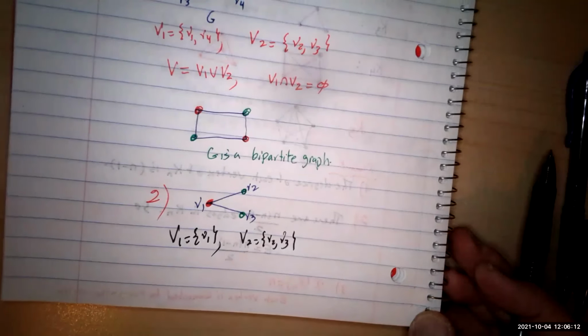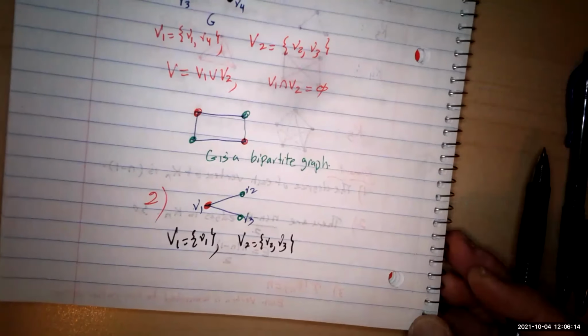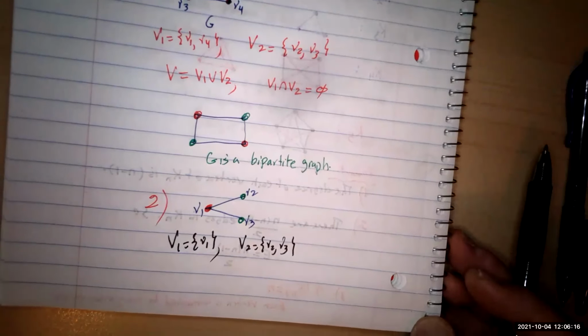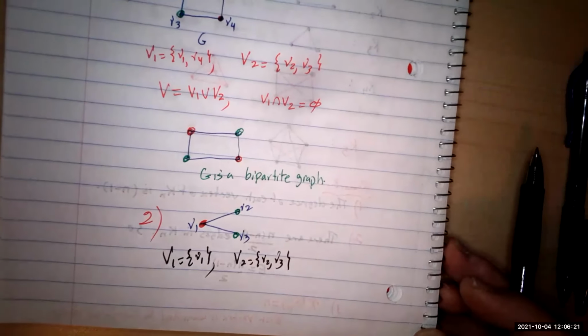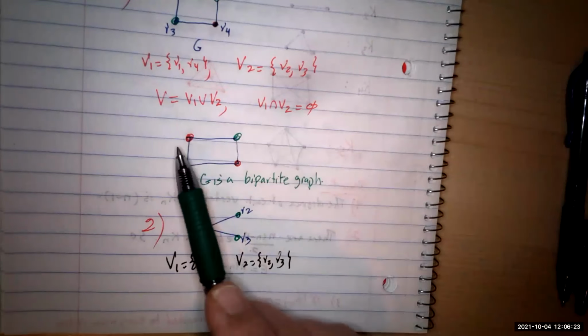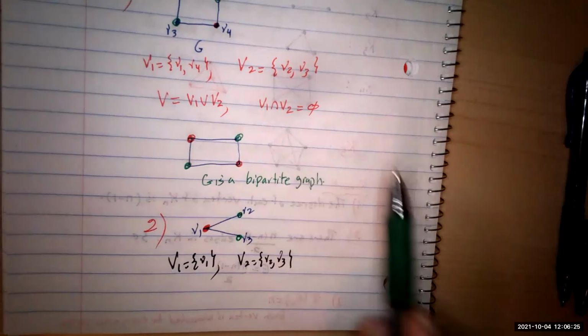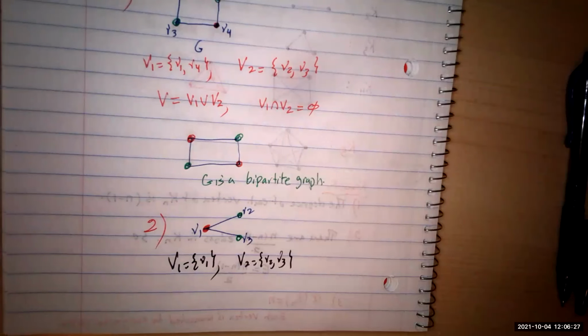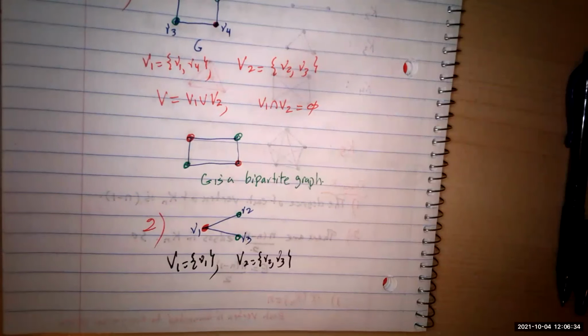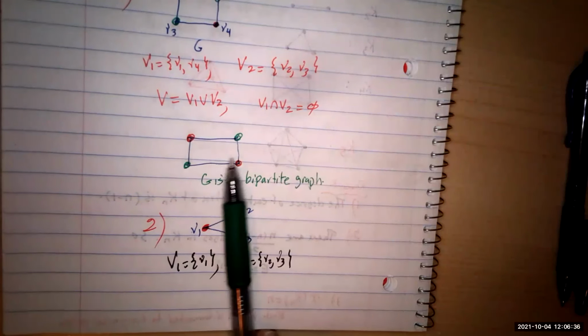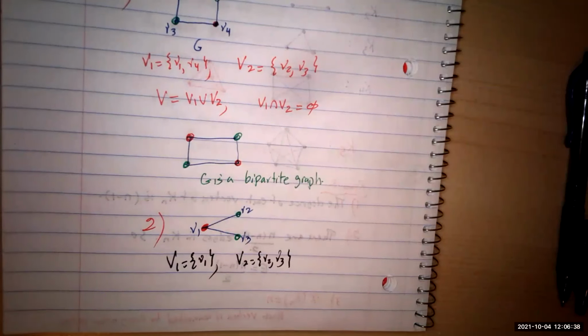Okay, question. Now, the reason that we discussed this one is for the complete bipartite graph. You see, the complete graph is the one where each vertex must be connected to all the rest. But for the bipartite one, these red ones cannot be connected to each other. The red ones can be connected to the greens. So you are going to have a complete bipartite graph.